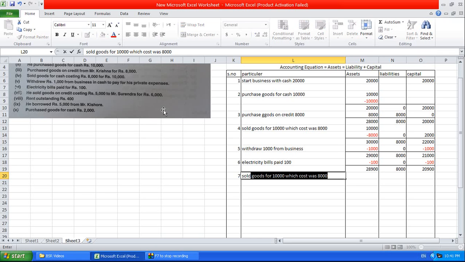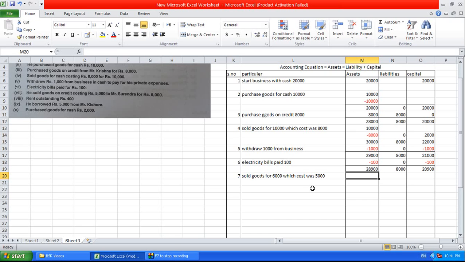Sold goods for 6,000, which cost was 5,000. If he sold the goods, goods will be less, but the sundry debtors amount should be increased.